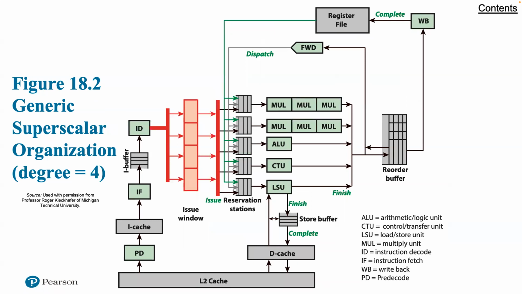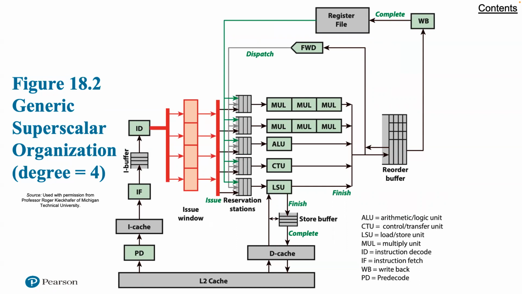Now figure 18.2 provides additional detail of typical organizations for superscalar pipeline processing. You can compare this with figure 17.16. The L1 cache is divided into instruction and data. Groups of instructions are fetched into an instruction buffer. The instruction decode stage involves, at minimum, determining the opcode and operand specifiers.